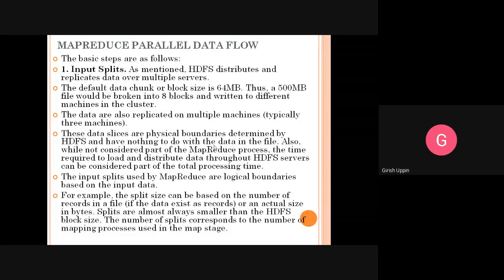It breaks the file up and has nothing to do with the data files themselves. This is how files are stored in HDFS. Also, while not considered a part of the MapReduce process, the time required to load and distribute data throughout the HDFS servers can be considered a part of the total processing time.